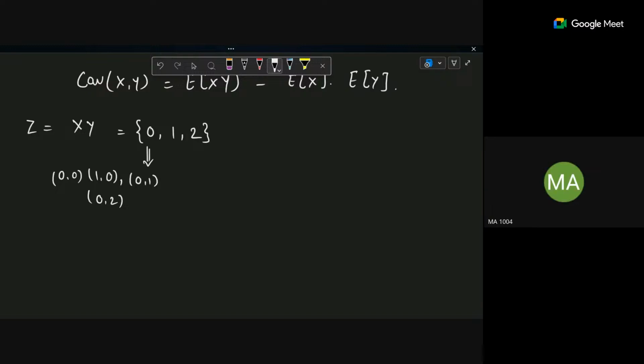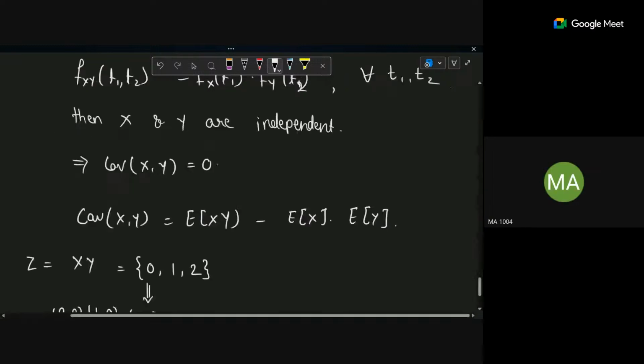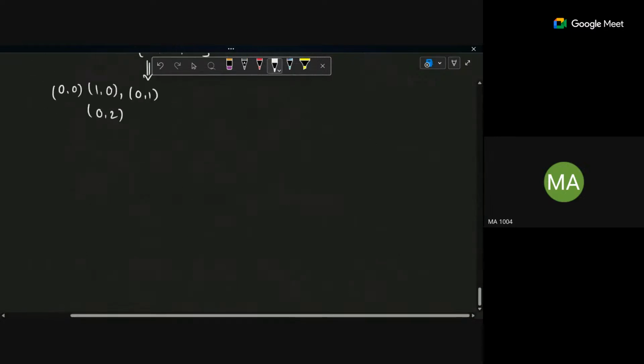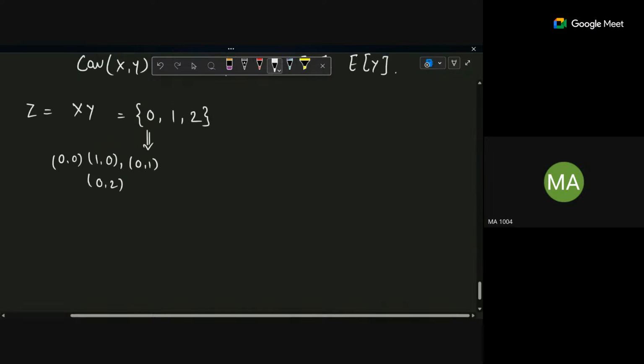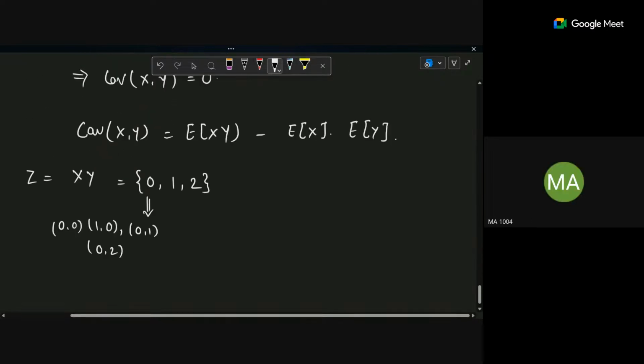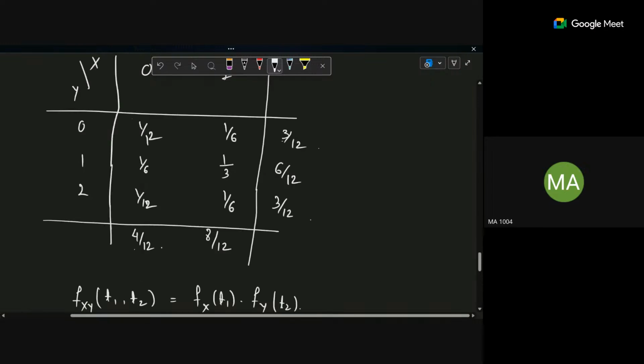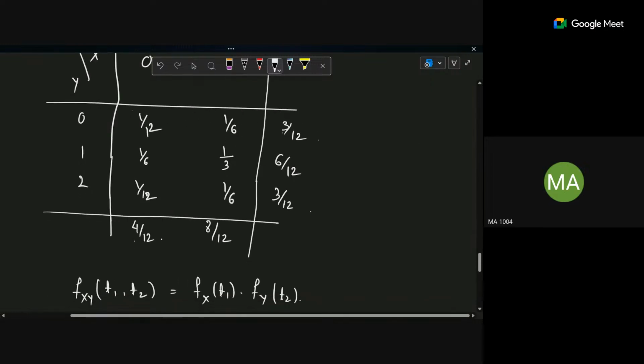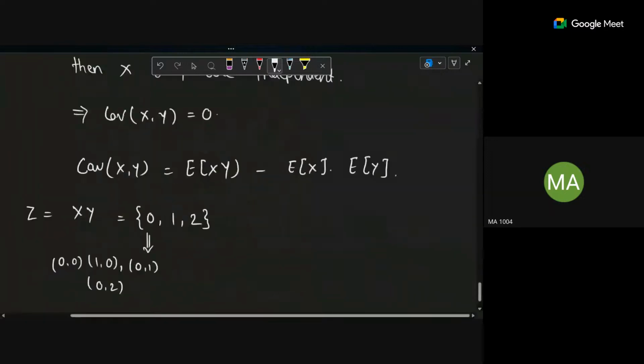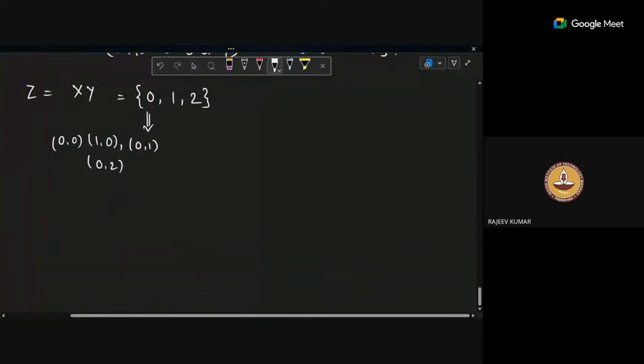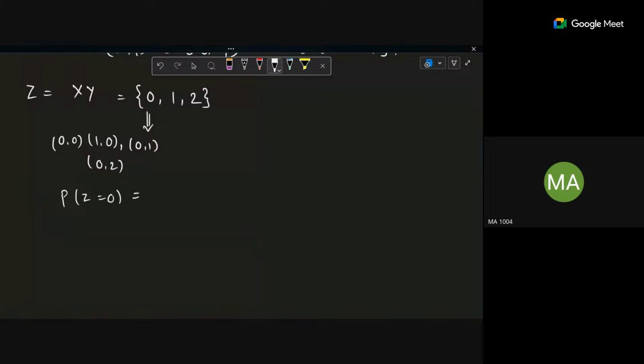You have to add all these 4 probabilities, by marginalization. So 0, 0, 0, 1, 1, 0 and 2, 0. You just have to add all these conditions and you will get 3 by 12, that is 1 by 2, that Z is taking 0.